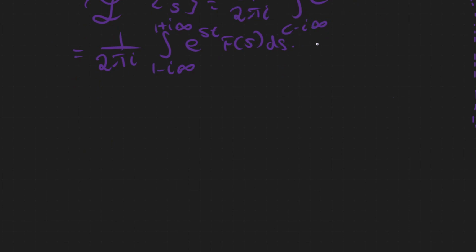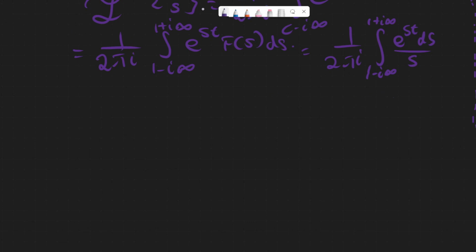Now, f of s is 1 over s, so this is just 1 over 2 pi i, integral from 1 minus i infinity to 1 plus i infinity of e to the st ds over s. And we can do a substitution: 1 plus iz is equal to s.